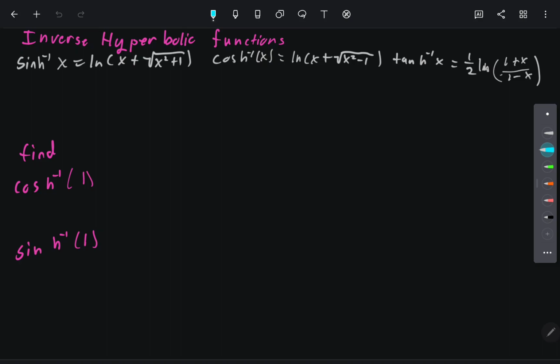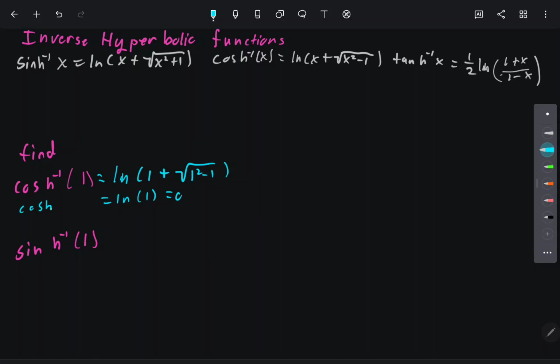So, if we want to find the hyperbolic cosine inverse of 1, we just have to plug in 1 to these expressions. So we get the natural log of 1 plus the square root of 1 squared minus 1. And now we just get the natural log of 1, which is equal to 0.